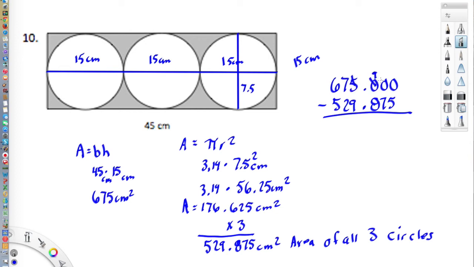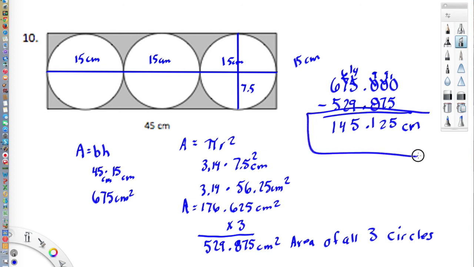This is going to go to 9, 9, 10. 10 minus 5 is 5. 9 minus 7 is 2. 9 minus 8 is 1. 14 minus 9 is 5. 6 minus 2 is 4. 6 minus 5 is 1. So my final answer is 145 and 125 thousandths centimeters squared. That's the area of the shaded region.